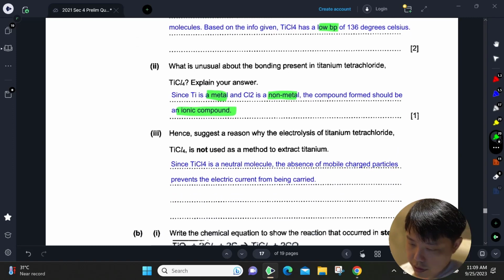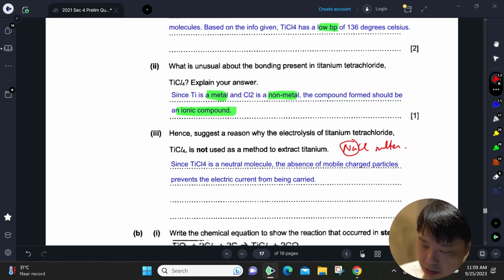They also want you to suggest a reason why electrolysis of this titanium tetrachloride is not used to extract titanium. If you want to extract any metal, it has to be ionic. It has to be molten, like sodium chloride. If it is molten, you can electrolyze and get your sodium metal.